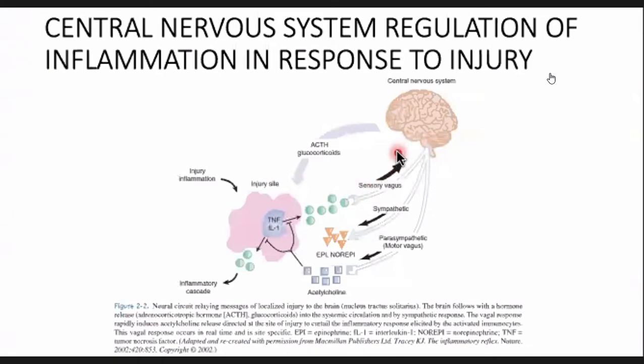Axons from these cells, which comprise the visceromotor component of the vagus nerve, form the inflammatory reflex that will feed back to the periphery to regulate your inflammatory signaling events.